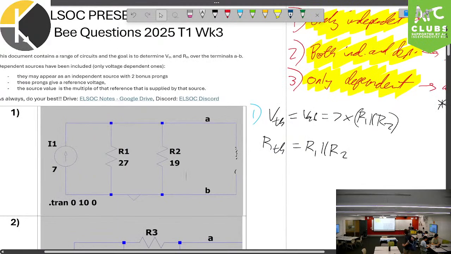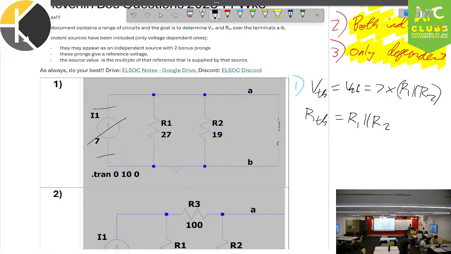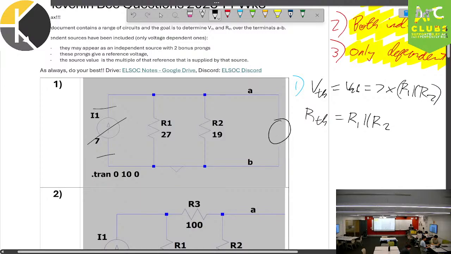We can verify method 3, and it's a rather funny way. We go ahead and we turn this off, so that becomes an open circuit. And at the terminals, we can plug in a 1 amp supply, right? And now we just need to find VAB. And quite frankly, we know this can be equated as 1 equivalent resistor, R1 parallel R2, and we know the current coming out of it.